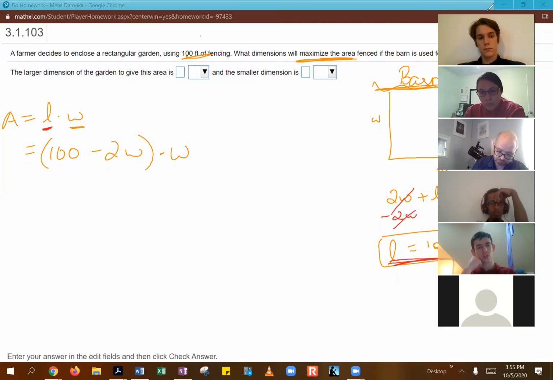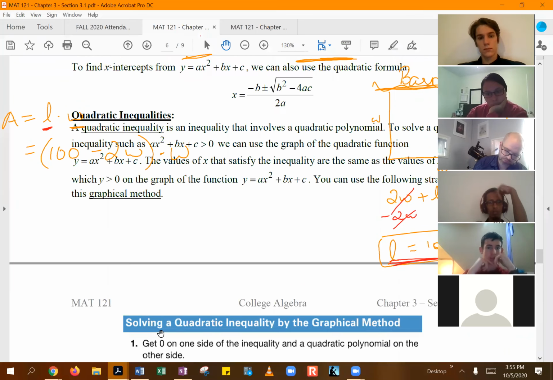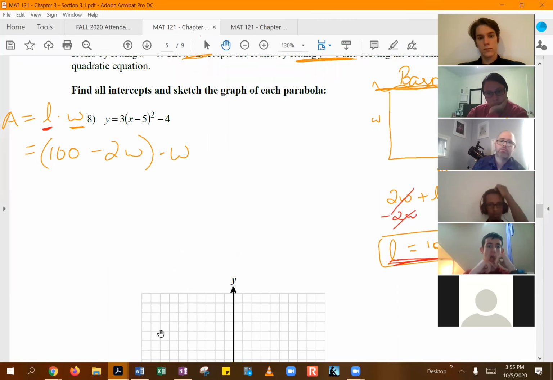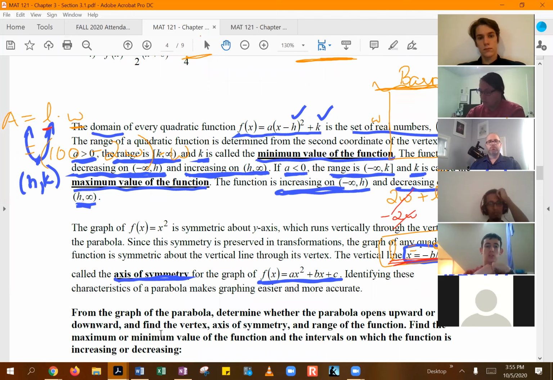And when we talk about maximizing or minimizing, that comes from the vertex of our parabola, because remember that's where you have the maximum or the minimum value, from the k coordinate of our vertex. That's where we are headed when they talk about maximizing the area over here.